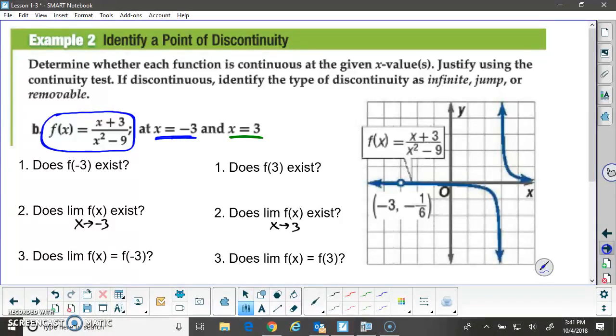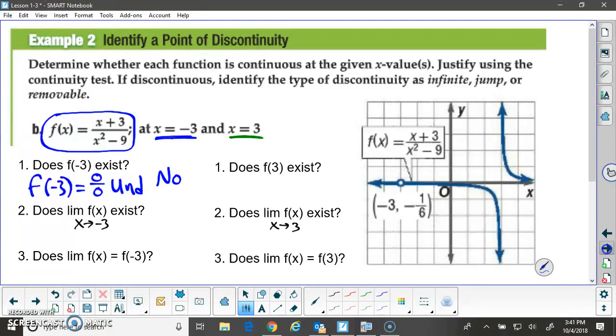Well, if we put negative 3 in for x, we'd get a 0 on top, we'd get a 0 on the bottom, and that is undefined. So, does f of negative 3 exist? The answer is no. We will not proceed with a continuity test because the function does not exist at negative 3.